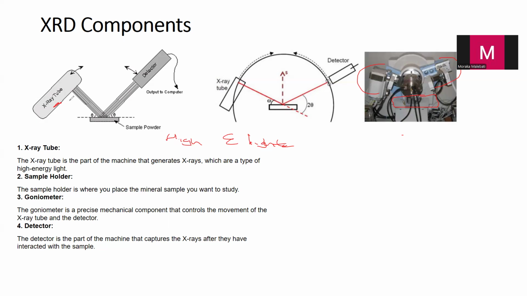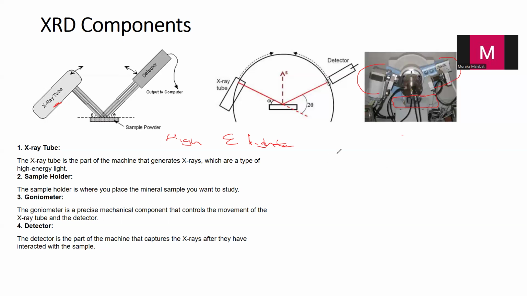The X-ray tube emits this focused beam of X-rays towards the sample. These X-rays have a very short wavelength, similar to the distance between the atoms in a crystal, making them ideal for studying crystal structures.